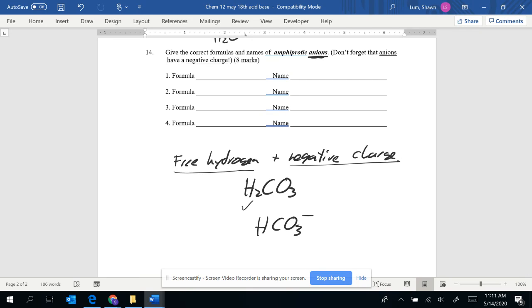Is this amphiprotic? Absolutely. Yeah, it totally is amphiprotic because it has a free hydrogen and it also has a negative charge. So I'm going to write that in there. HCO3 negative.